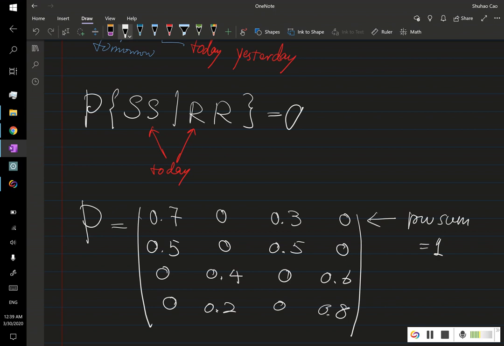Using similar logic, we can obtain the rest of the transition probabilities, and this is how we convert a non-Markov process to a Markov chain.